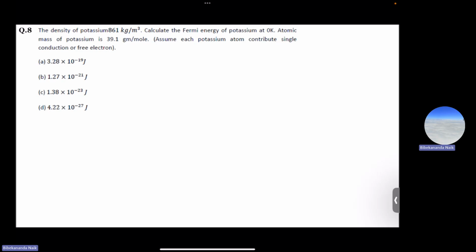From that density of electrons we will again calculate the Fermi energy like the previous questions. I'll give a few minutes to try this question, and then I will discuss the correct option.